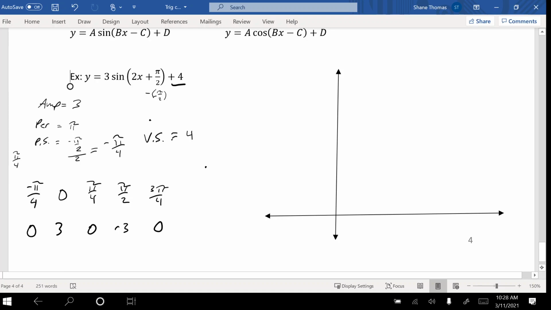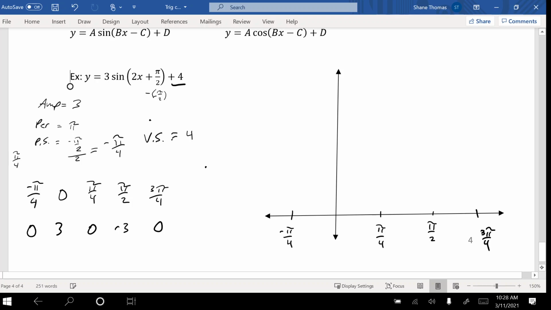But based on the pattern that we've been doing, you'll see this is going to be like 3 plus 4. So this would be 7. This would be positive 1. Okay? I like to still write it out like this and then adjust it on my graph. So I'm going to have my first point negative pi over 4, then 0, then pi over 4, then pi over 2, and then lastly, my 3 pi over 4.